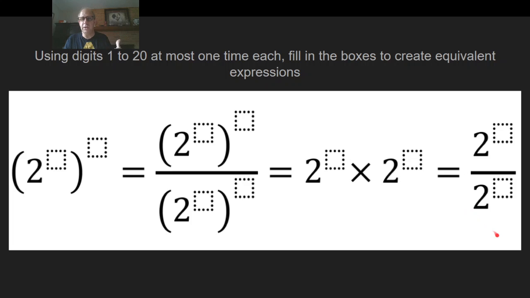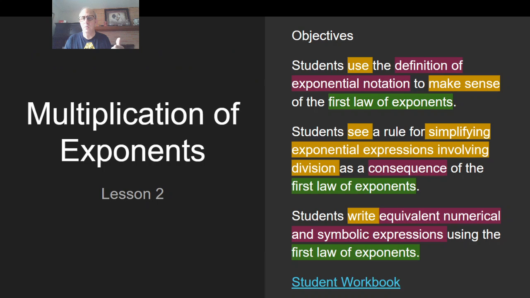So in this lesson, we are going to learn about multiplying and dividing exponents. Remember, an exponent is repeatedly multiplying something. So the standards we will use: make sense of exponential notation, specifically the first law of exponents.